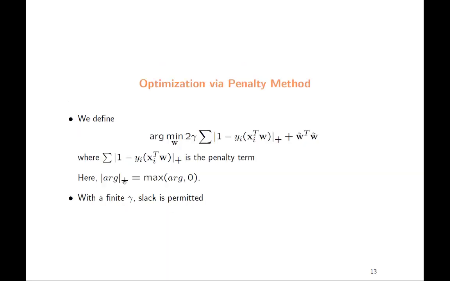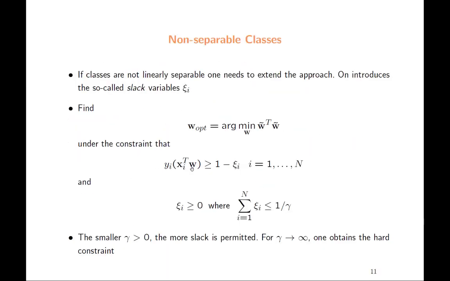So this is shown over here. So we don't just want this expression to be larger or equal to 1. It can be larger or equal to 1 minus this psi I. But psi I should not be too large. It's constrained. It's larger than 0, and the sum should be smaller than some other variable, 1 over gamma.